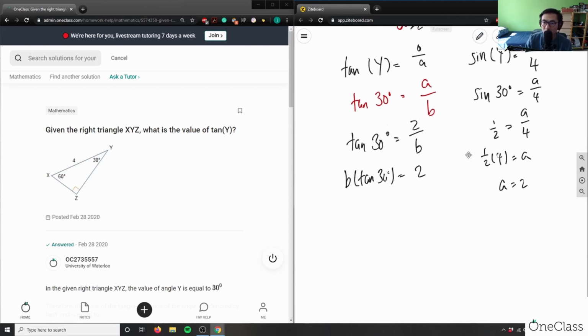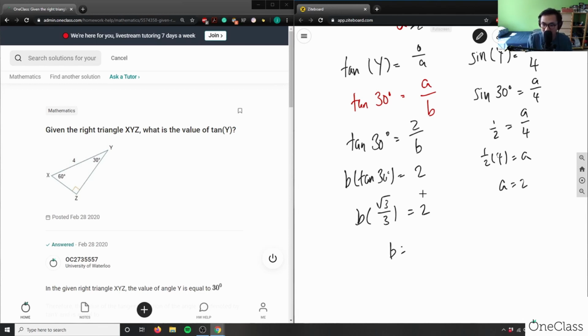I can simplify tangent 30 first: tangent 30 equals root 3 over 3. So B times root 3 over 3 equals 2, and then I divide both sides by root 3 over 3 to solve for B.